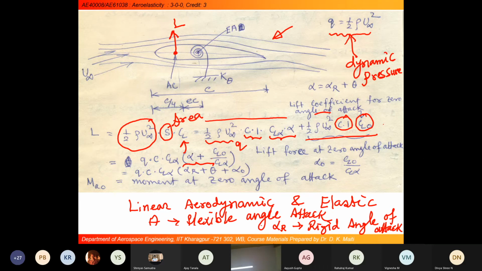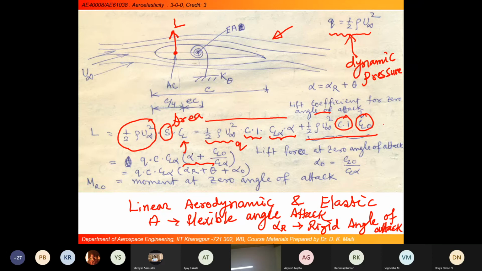Physically, the meaning of divergence is that whatever initial angle of attack is given, it does not stabilize just above some value of initial angle of attack. It is going to diverge.